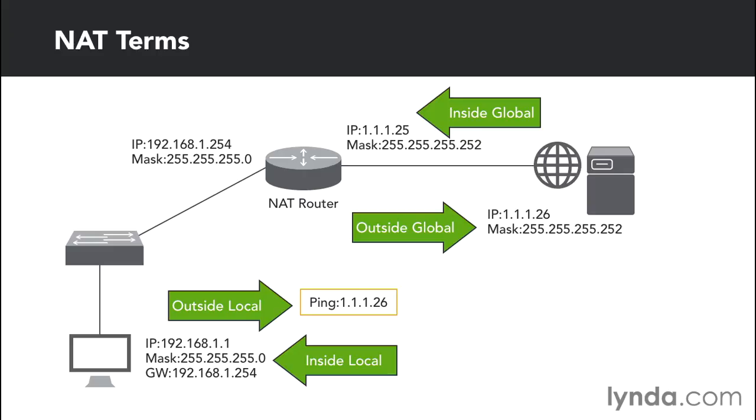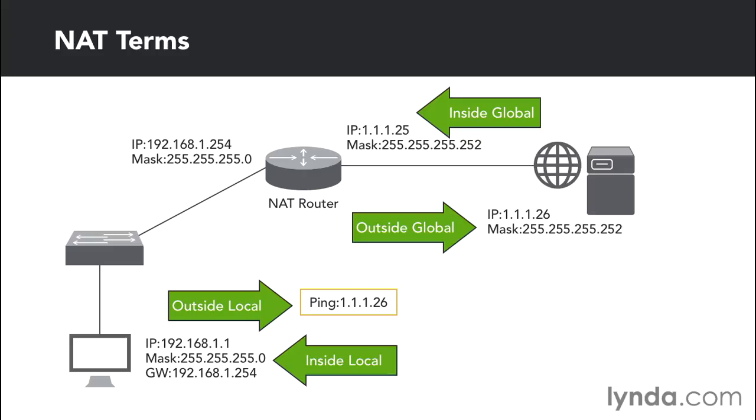Now it's global. So if you are taking your certification and you're given a diagram like this, or maybe a little bit fancier, with arrows pointing to certain locations, and they're asking you, at this point in the NAT process, is this an inside local, outside global, or inside global?